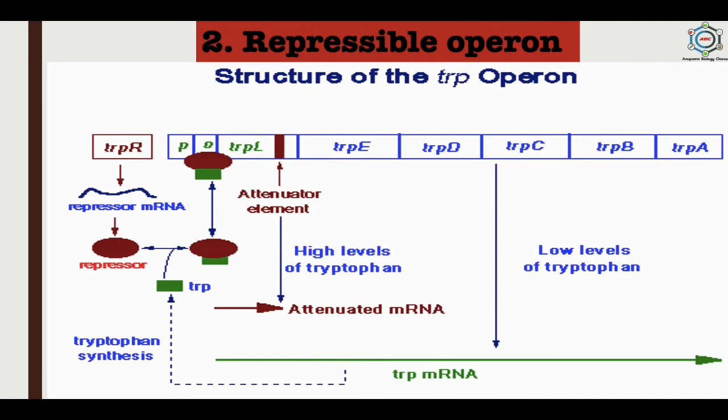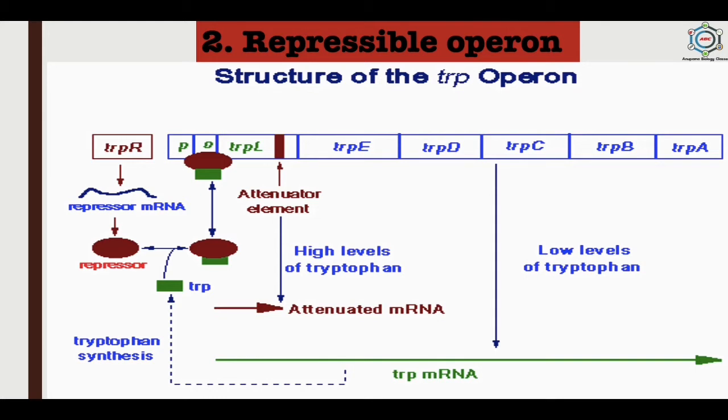E. coli synthesizes tryptophan from a precursor molecule in a series of 5 steps, each catalyzed by a specific enzyme. 5 genes code for these enzymes, and these genes transcribe mRNA, which is translated by the ribosomes and tRNAs into the polypeptides. The latter function as enzymes.